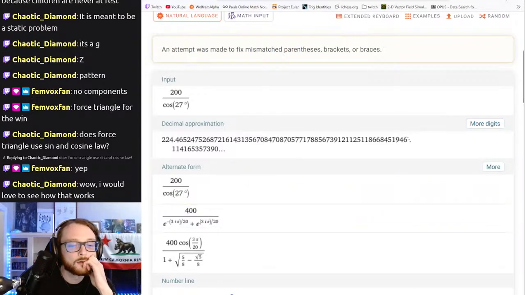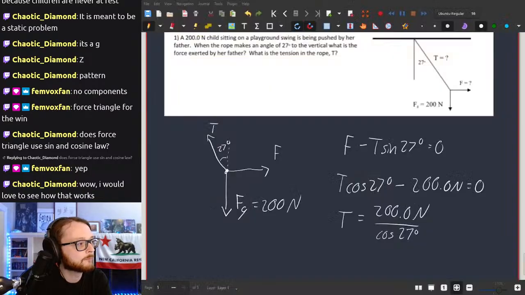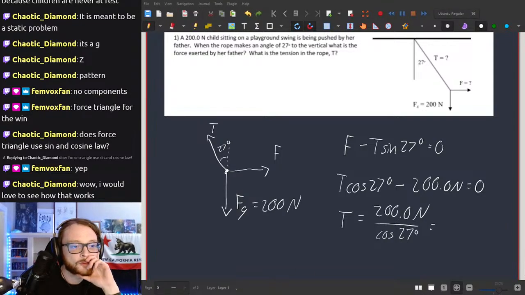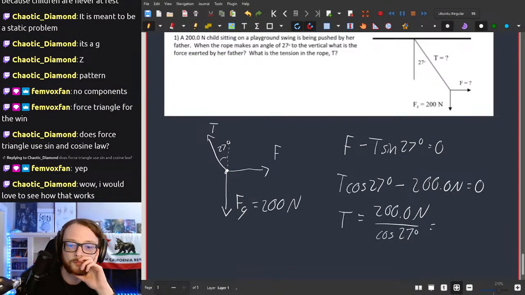224. Yeah, that makes sense. 224.5, since we have one significant figure, and significant figures are the worst. 224.5, I said? Yeah.